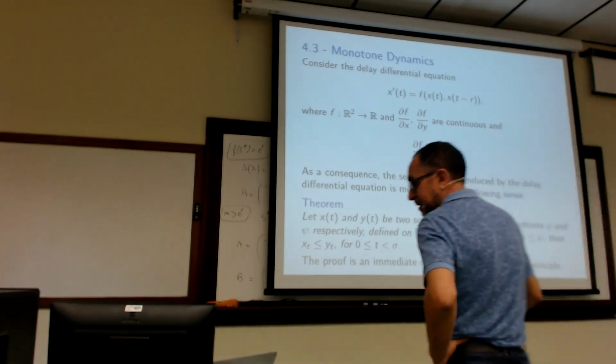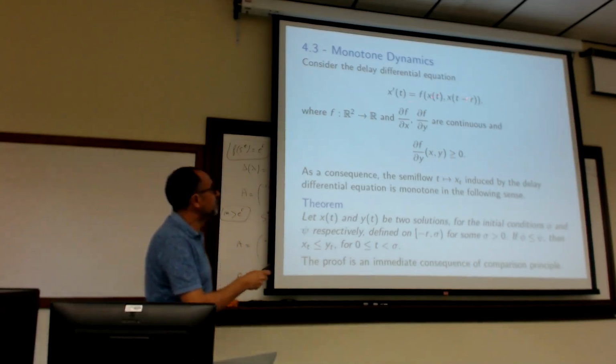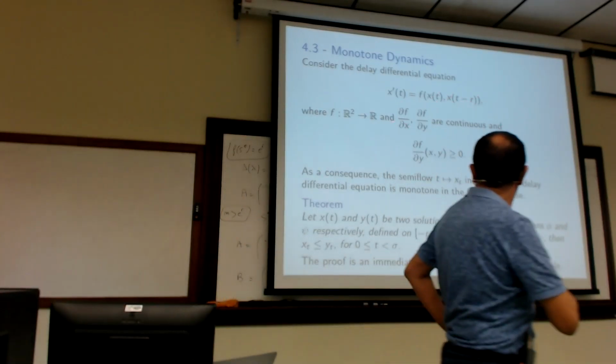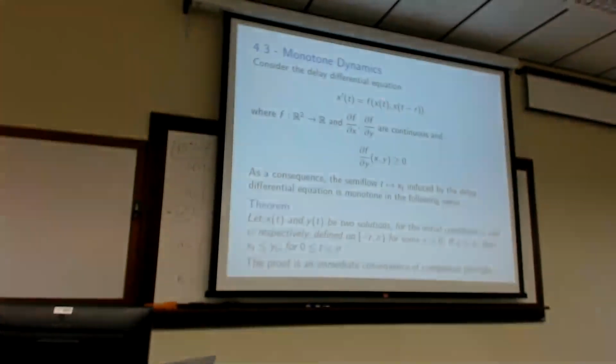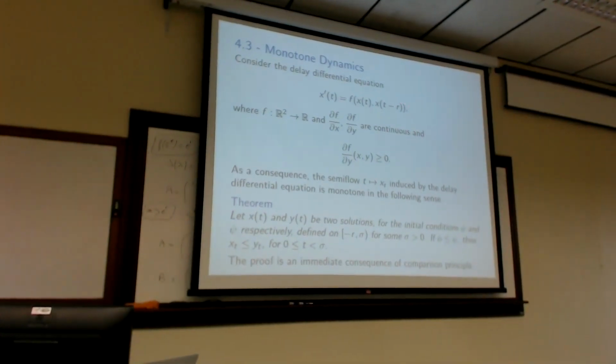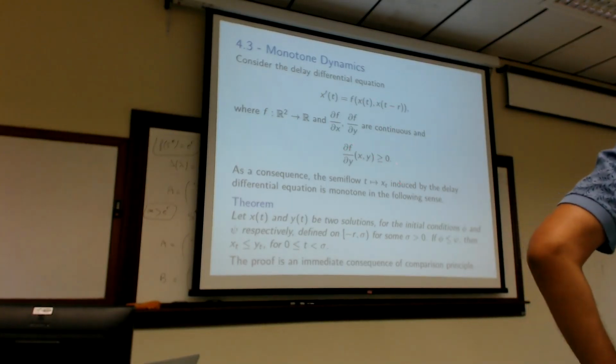We consider this delay differential equation with discrete delay, and we assume here that the first derivatives of f in terms of x and in terms of y are continuous. It's only to have existence and uniqueness of the solution, and we add this condition.